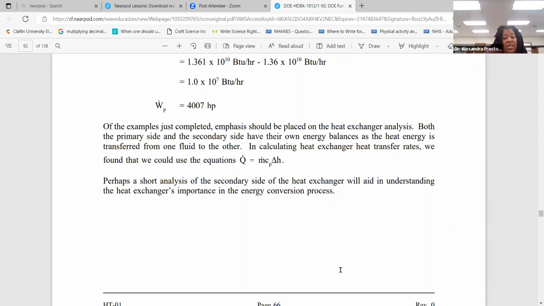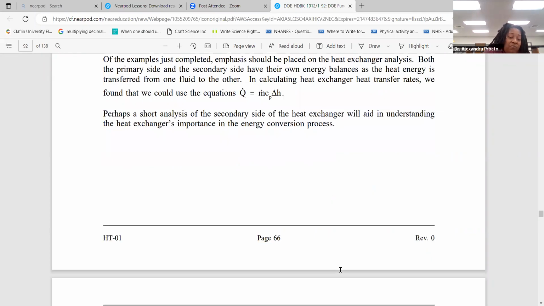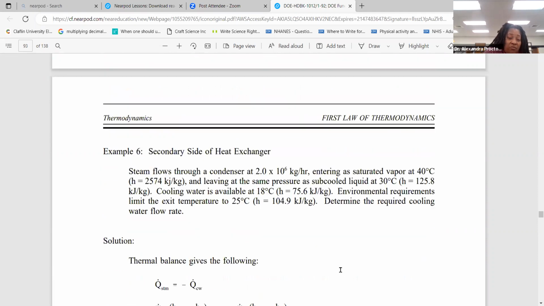In calculating heat exchanger heat transfer rates, we found that we could use Q is equal to M delta H. Okay, so in the other problems, they use Q is equal to MC delta T. Here we see that in place of that delta T, we use delta H. So perhaps a short analysis of the secondary side of the heat exchanger will aid in your understanding of the heat exchangers important to the energy conversion process.